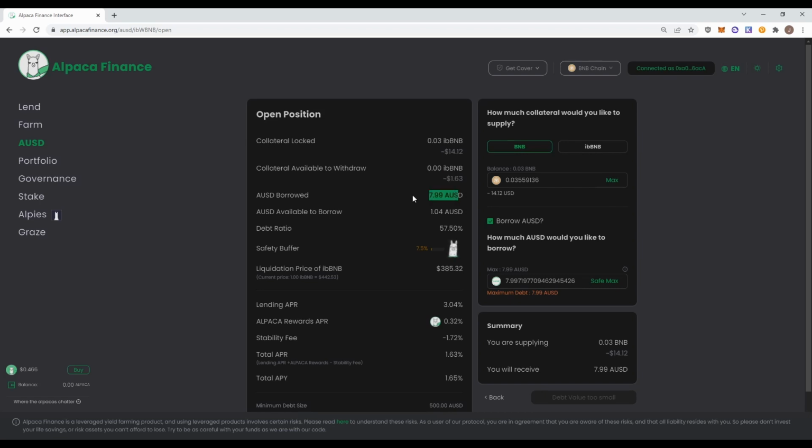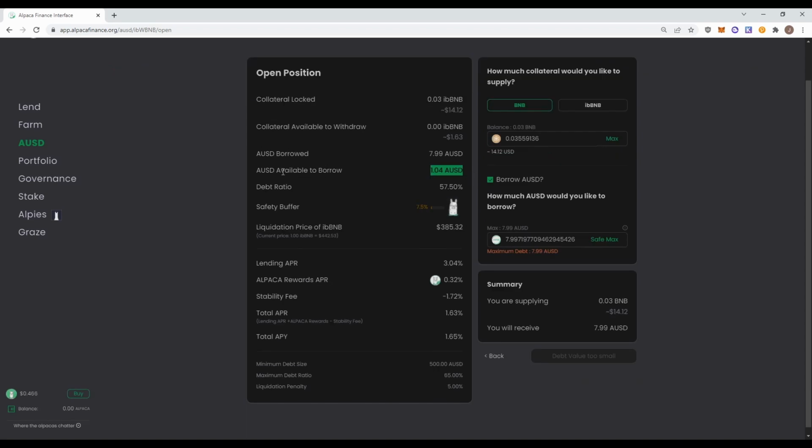AUSD borrowed is pretty self-explanatory, and AUSD available to borrow means how much could we borrow additionally to the 7.99 AUSD, but that would also move us closer to liquidation. So it is not really something recommendable. You should always just go with the amount displayed when you hit save max.